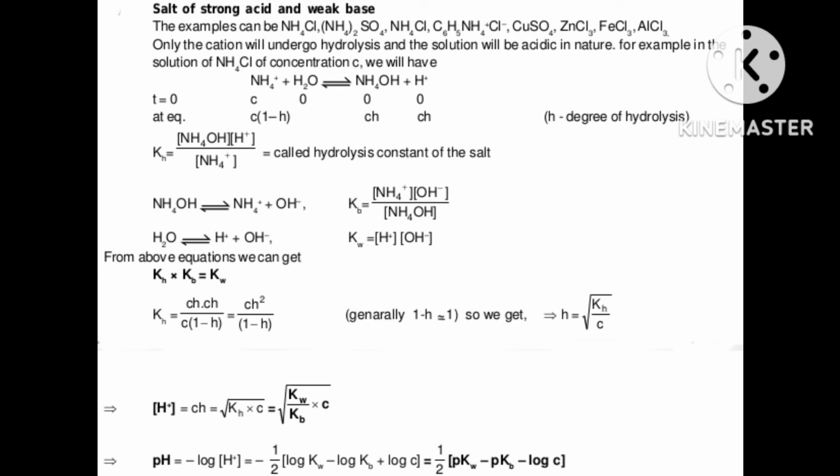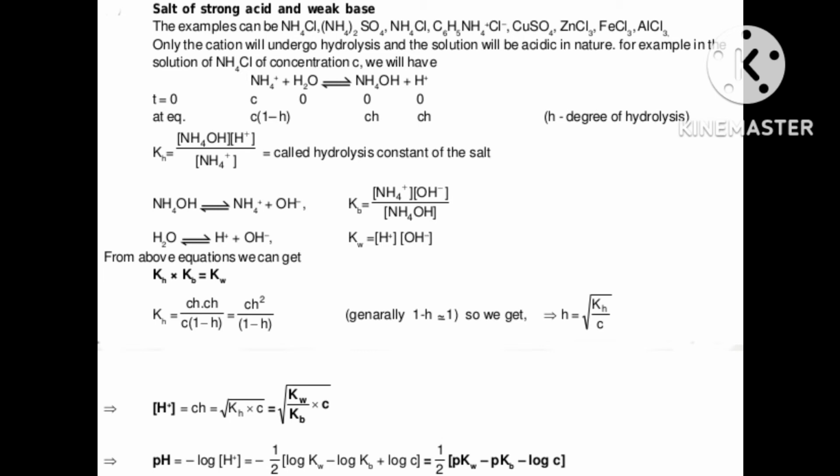Hence in the place of 1 minus alpha, you can write only 1, because the alpha value is very, very less in comparison to 1. Means the denominator will be only 1.